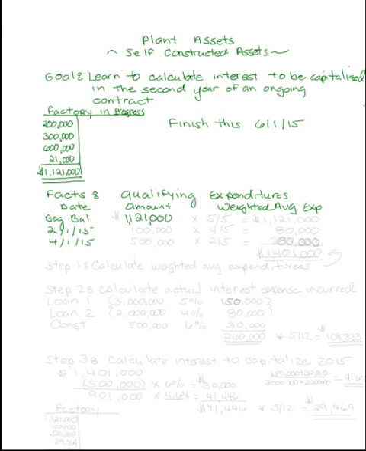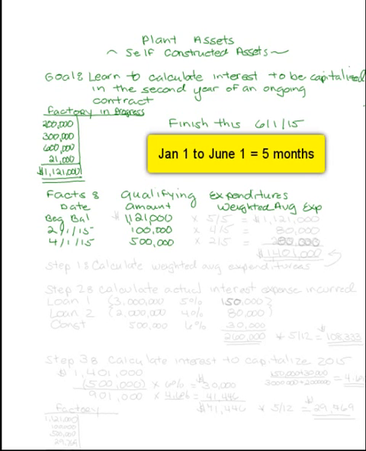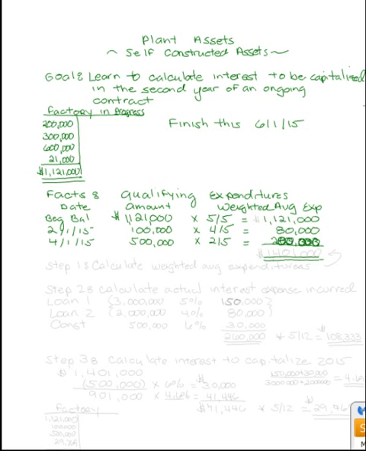On February 1st, we spent an additional $100,000, and on April 1st, we spent an additional $500,000. Now we need to weight all of these for the 5 months, January through June, that this was outstanding, and if you add it up, you can see that that number for the 5-month period is $1,401,000, and this equals our weighted average expenditures.